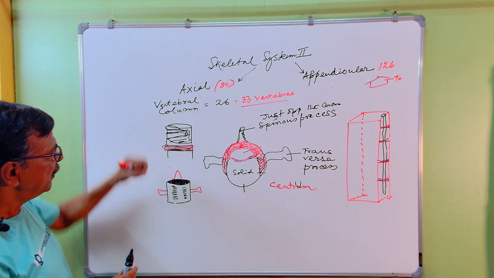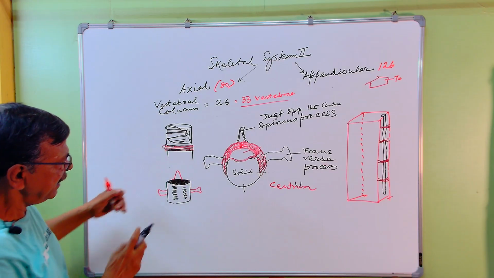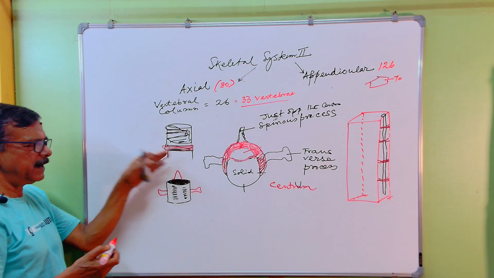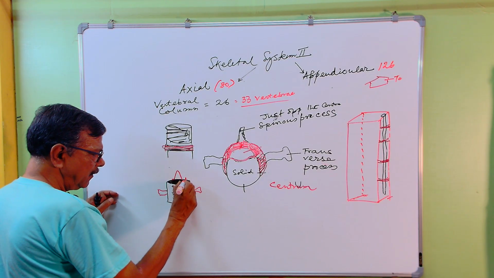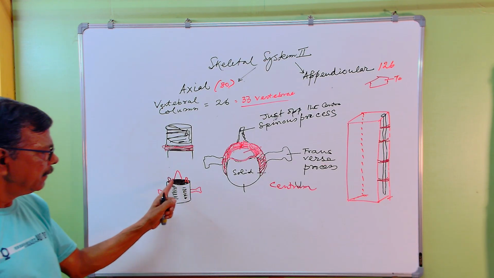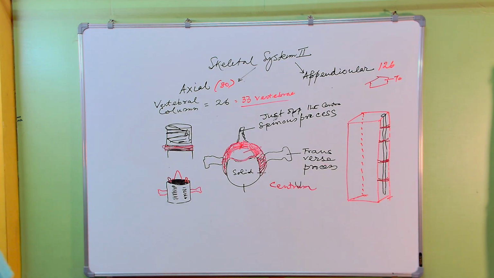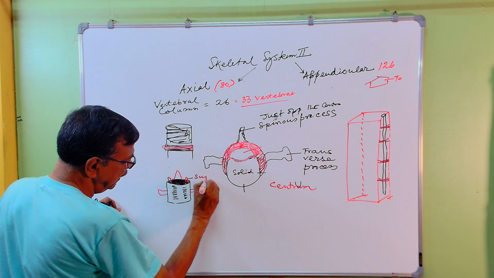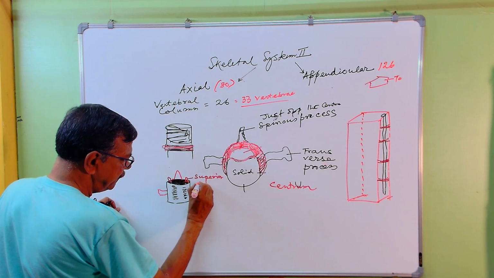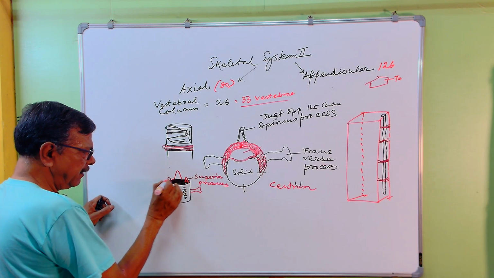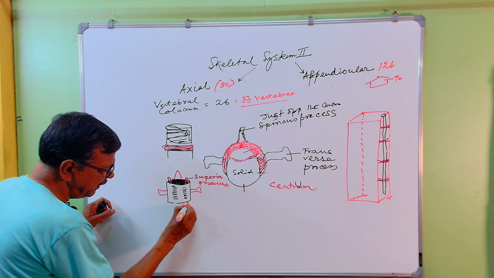Now what happens? Whenever another vertebra comes here, it should have something for articulation with the previous vertebra. So it has these processes: two superior processes, right and left, and two inferior processes.